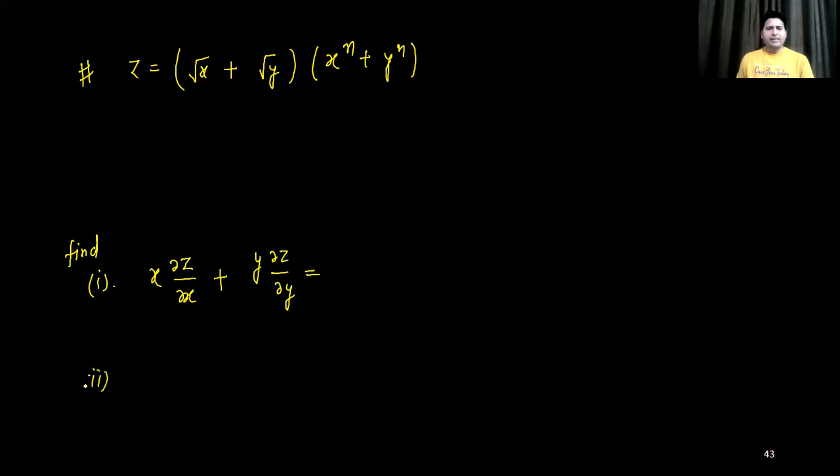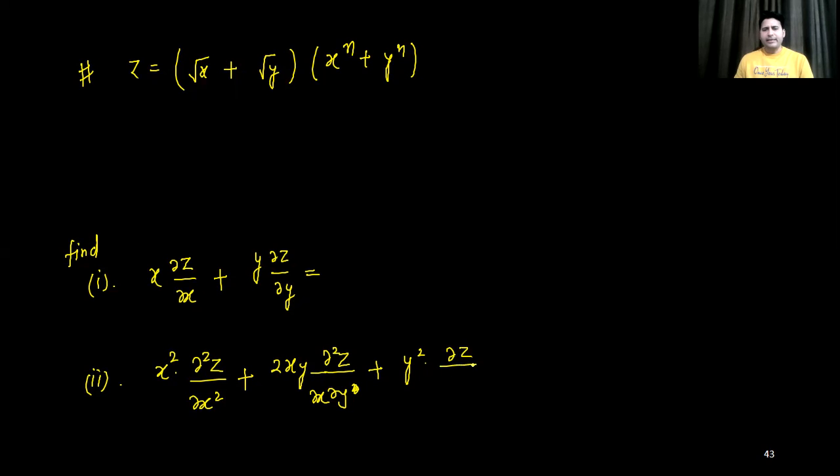The second part, the same one: x square del 2z over del x square plus 2xy del 2z over del x del y plus y square del 2z over del y square. The same the question is asking from us.